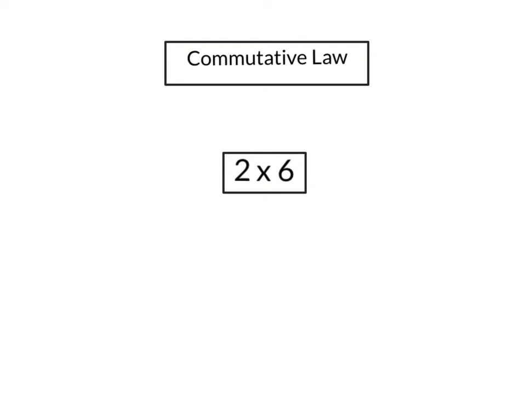So this video is going to explain what commutative, associative and distributive mean. So I've got this calculation here, 2 times 6. Now if I use an array to show what the answer for that would be, so there's 2 and we're timesing by 6, so I need 6 lots of those.